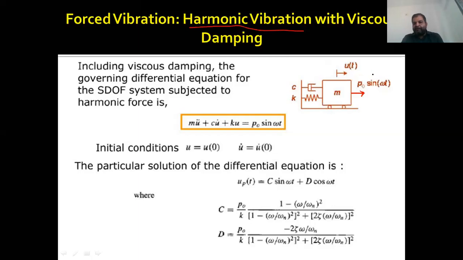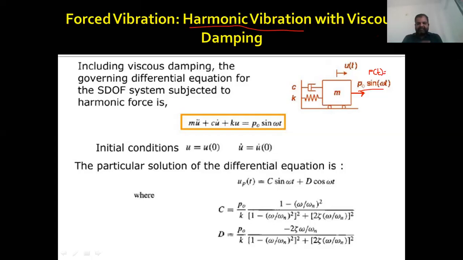So my value of P of T is nothing but some sine or cosine term. Continuously I am giving this force in terms of either sine theta or cos theta, which is harmonic in nature. So basically I am considering forced vibration, harmonic vibration with viscous damping. That is the case I am going to consider.